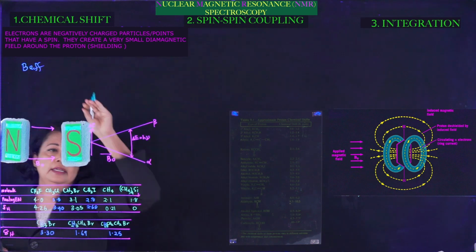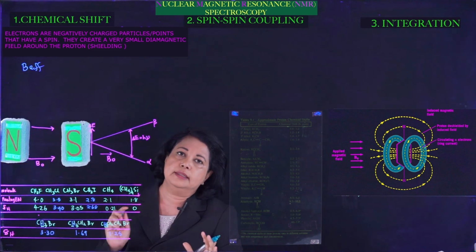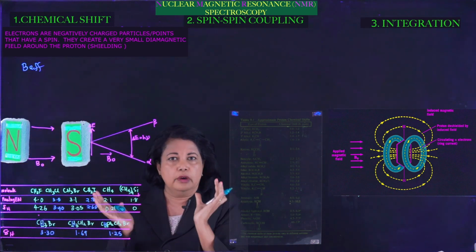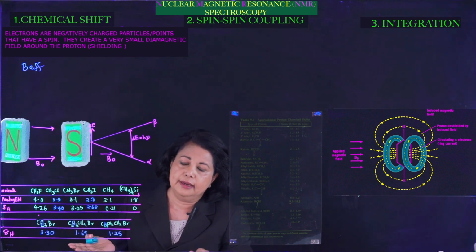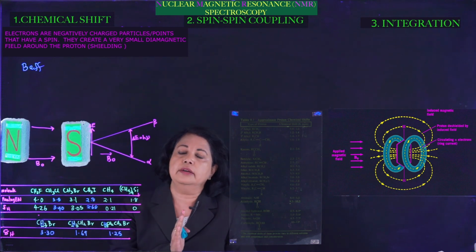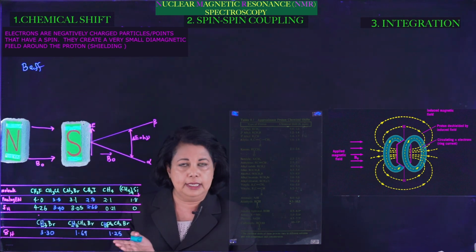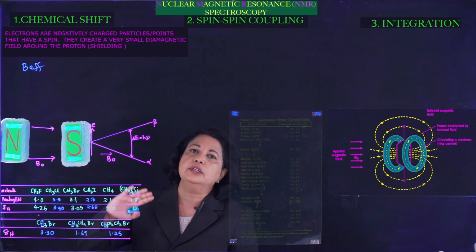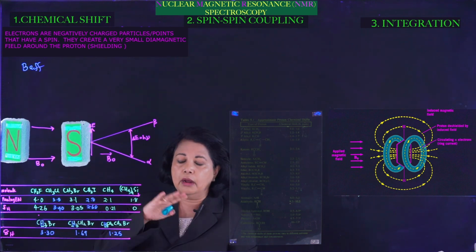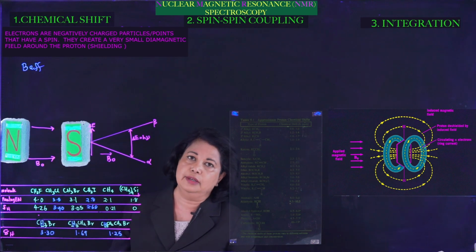effective is the magnetic field that's experienced by the proton inside of an electron cloud, because all protons that we are going to look at are in a bonding relationship with some other atom, mainly carbon, sometimes oxygen, sometimes nitrogen. So they have an electron cloud around them, the bonding electrons around the hydrogens.